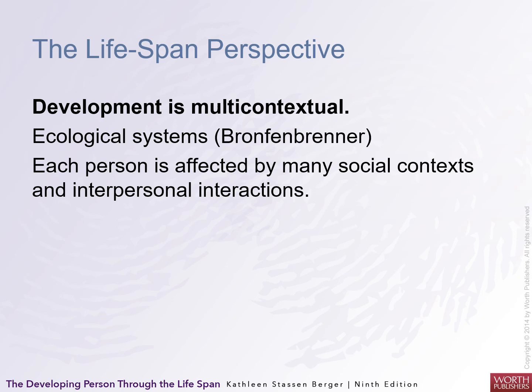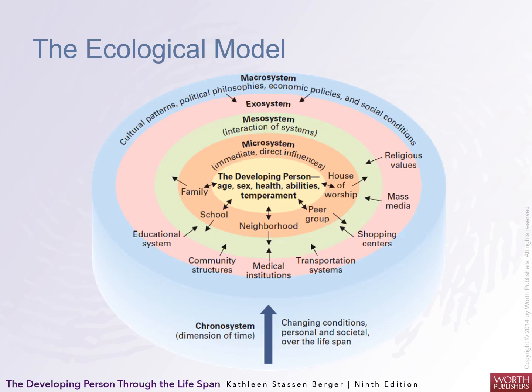Each person is affected by many social contexts and interpersonal interactions. Just think of, even within your own family, how if you have younger or older siblings, the different contexts of just being raised by your parents varies even over the course of a decade. And of course, the ecological model depicted here is pretty complex.